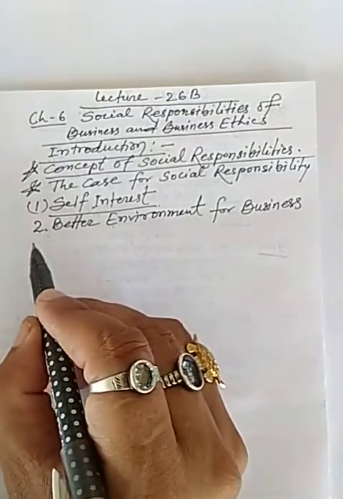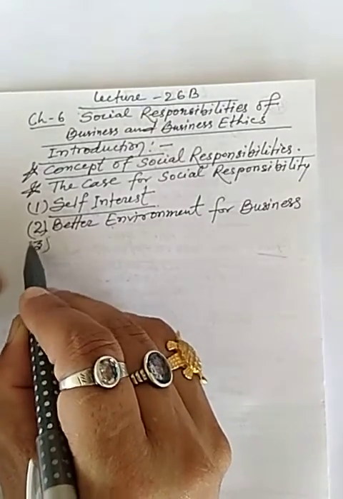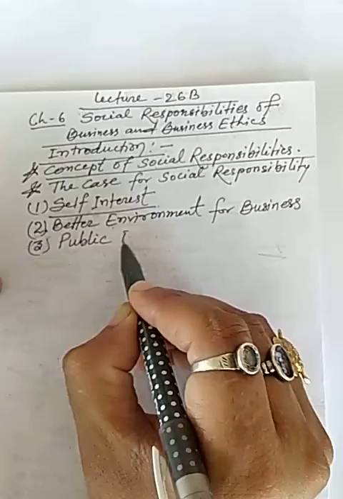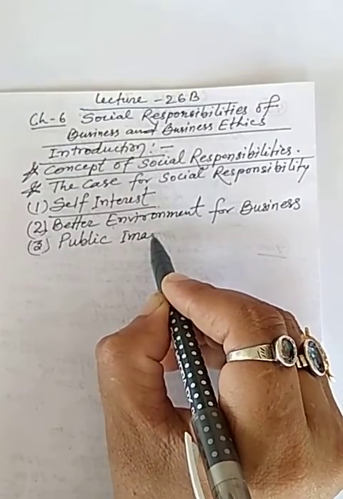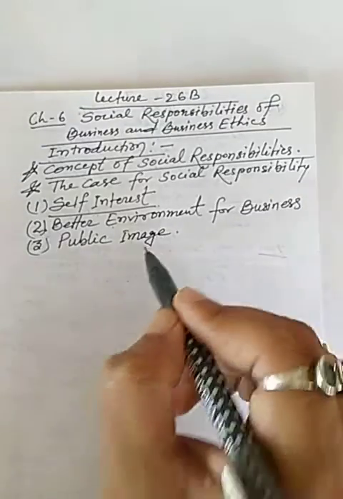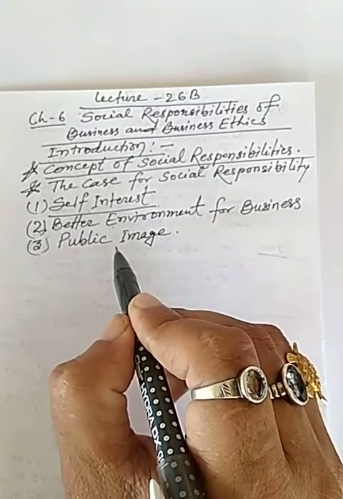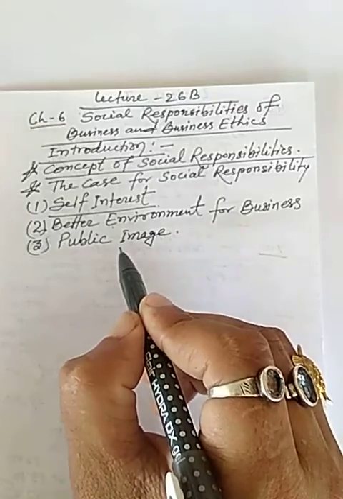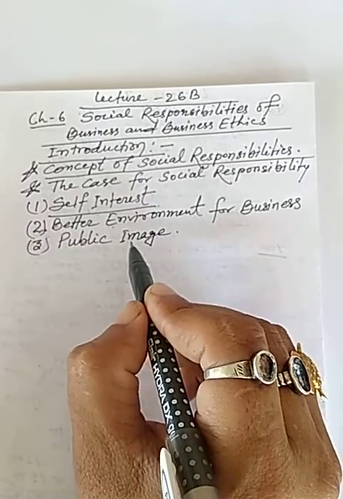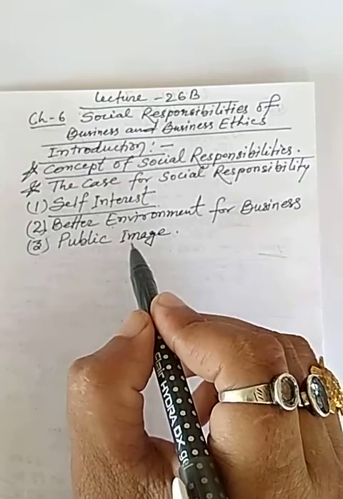Now, third point is public image. A business can improve its image in public by assuming social responsibilities. Satisfied employees, workers, customers, and suppliers contribute to the success of business.